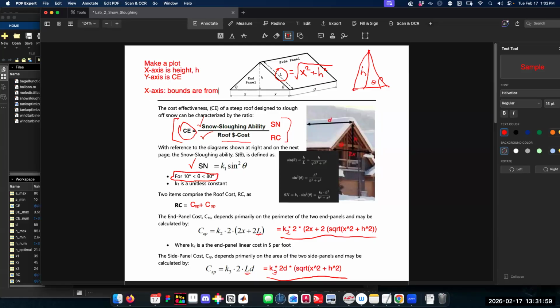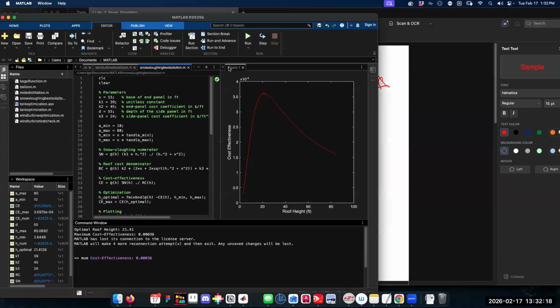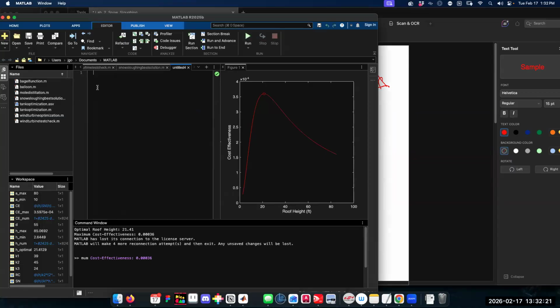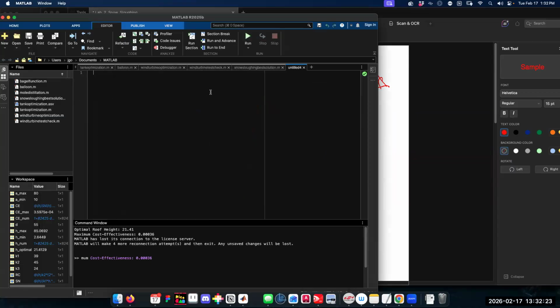So bounds are from angle, what is it, 10 to 80, but make it in terms of h. That's good advice. Yeah, that's how I see it. Okay, we can make this from scratch and go line by line so that it's clear.